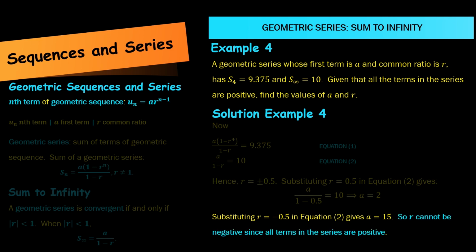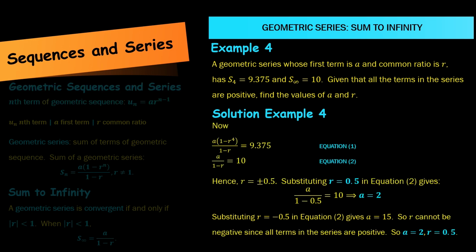Now, since r is negative in this part, we can conclude that r cannot be negative, since as part of the question we know that all the terms in the series are positive. Therefore, r equals minus 0.5 is not possible. And therefore a equals 2 and r equals 0.5.